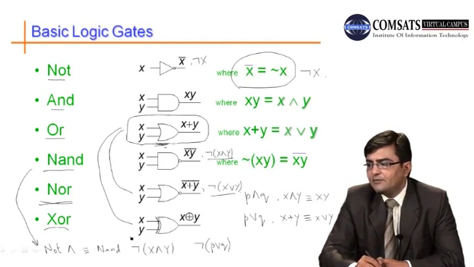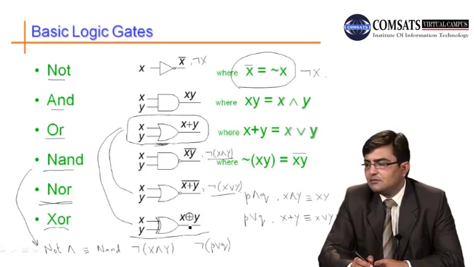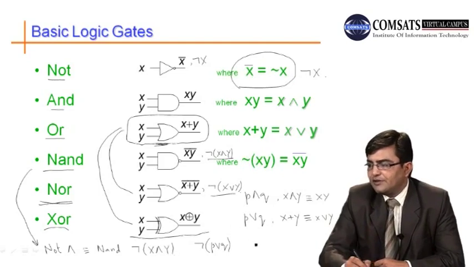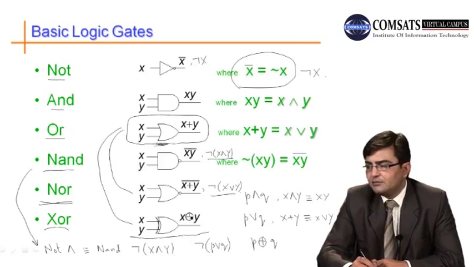So it is written as X plus circle, as we write the XOR operator. We wrote it in the previous lecture as P plus circle Q. It also has two inputs, and the output is X XOR Y.